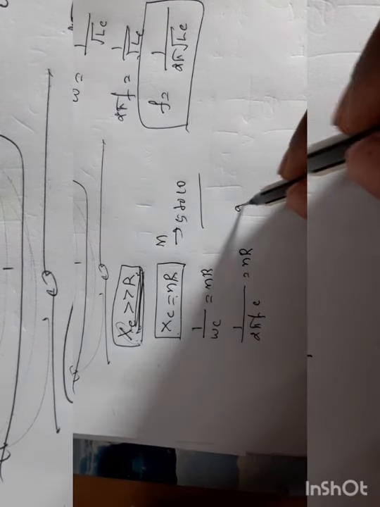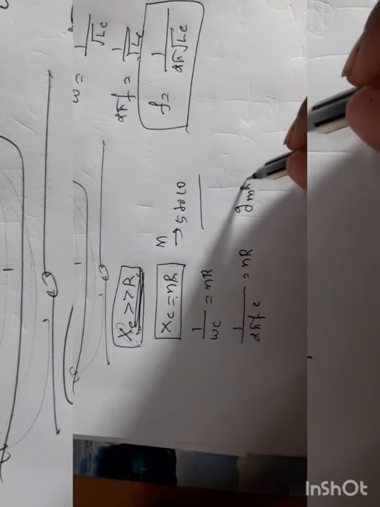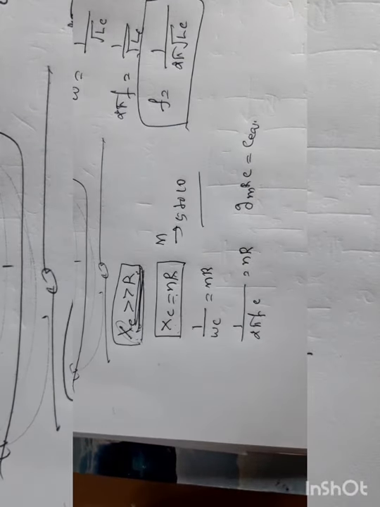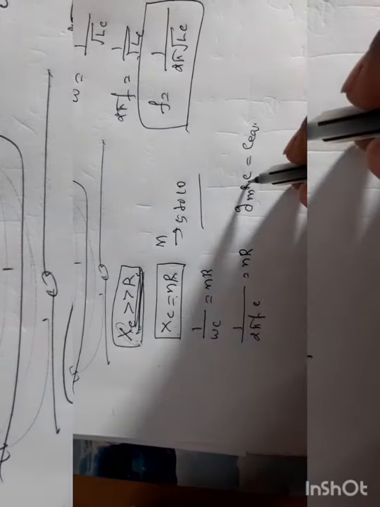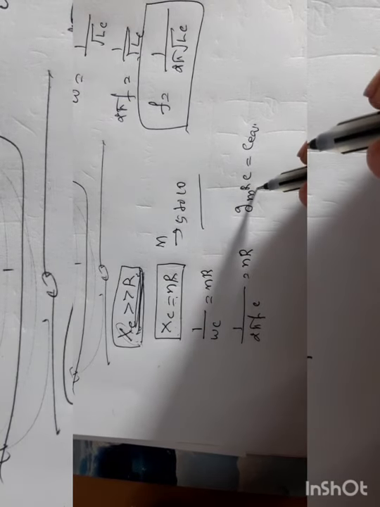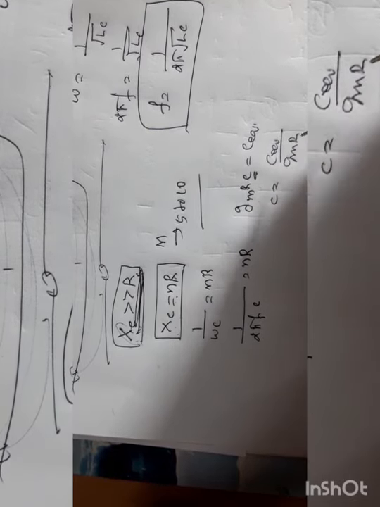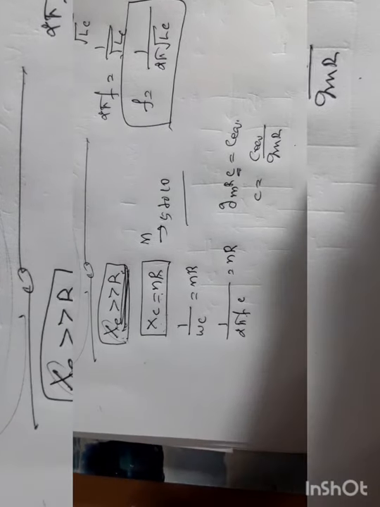Now, we know that Gm RC is equal to C equivalent. From this expression, C equals C equivalent divided by GmR. Substitute this in this equation.